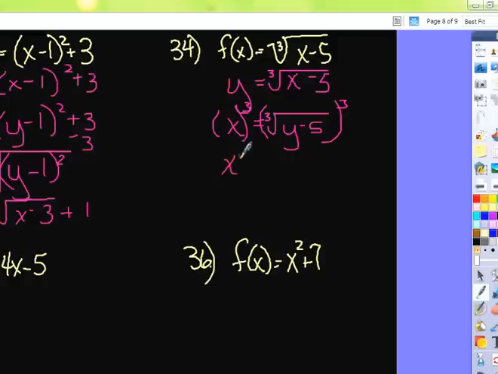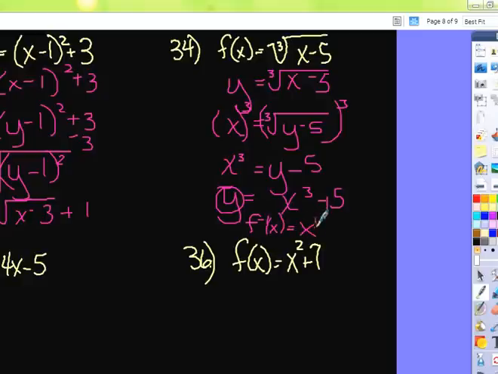And I'm going to get x cubed is equal to y minus 5. And then add 5 to both sides. I'm going to pull the y over here to this side. And I get x cubed plus 5. And that'll be the answer. I'll just simply take out this and put in the inverse notation, just to denote that that's the inverse.